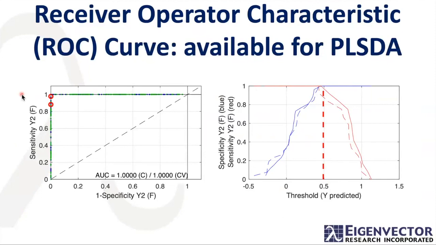A PLSDA model has a threshold in the Y predicted where you say a sample is going to belong to class A or B, depending on whether the Y predicted is greater than the threshold or not. So by varying that threshold, you can draw up an ROC curve showing how sensitivity and specificity vary for those thresholds.